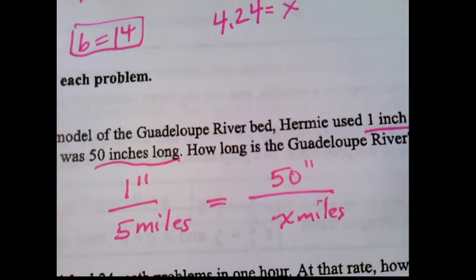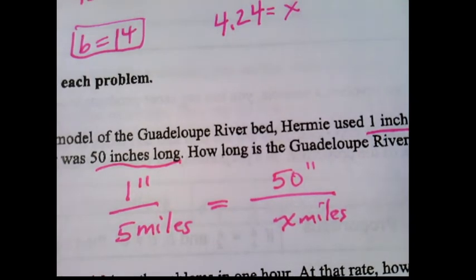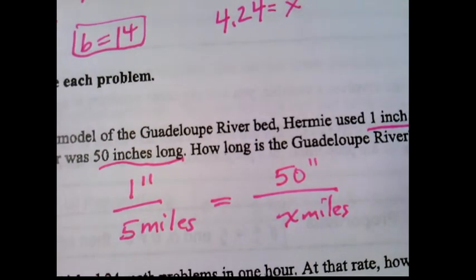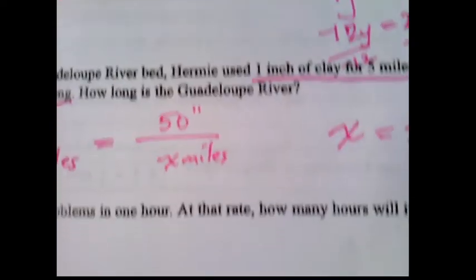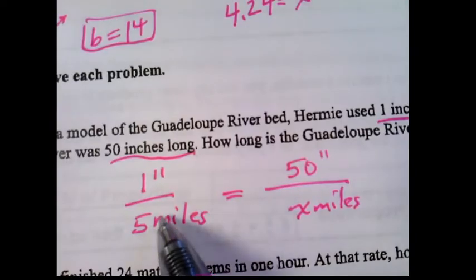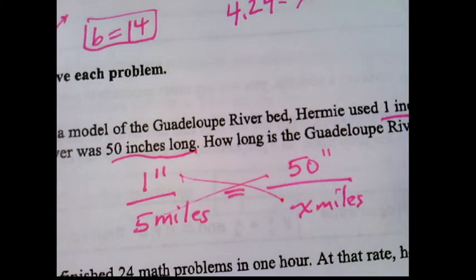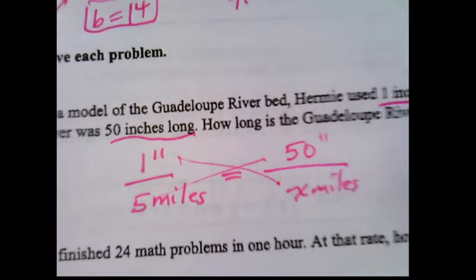And now I can go ahead and cross multiply. And there you go. Okay. If you cross multiply here, you get 250. If you cross multiply here, you get x. Okay.